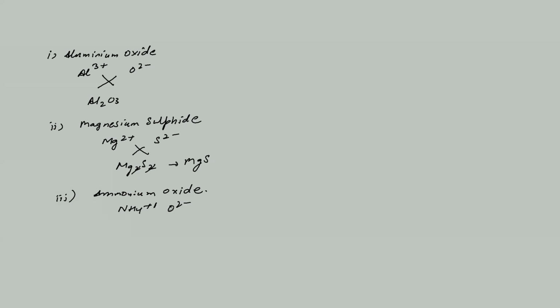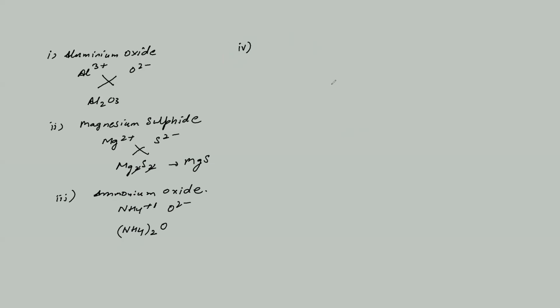So 1 will go to oxygen and 2 will come to ammonium. Remember, ammonium is a polyatomic ion, so we need to use a bracket. It would be (NH4)2O, ammonium oxide. So it looks like this. These are hypothetical examples; the compound may or may not exist. I hope this is clear.